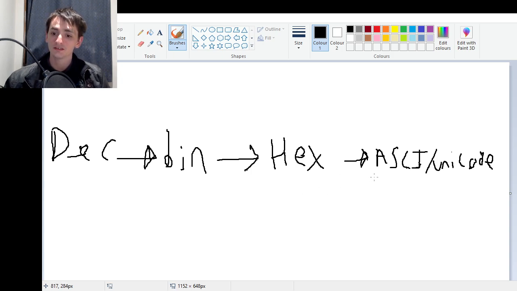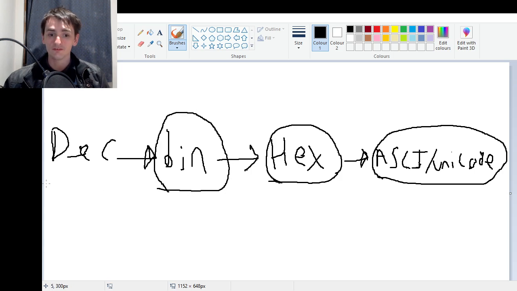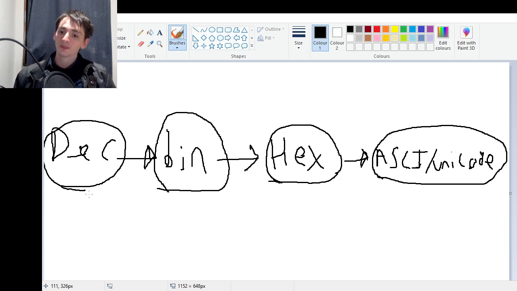So the average person sees ASCII, the DFI sees HEX, the computer sees binary, and these binary values represent decimal values. We can do a little test of this later, and I'll do my best to make it easier to understand, but we'll go into more details at a later date.